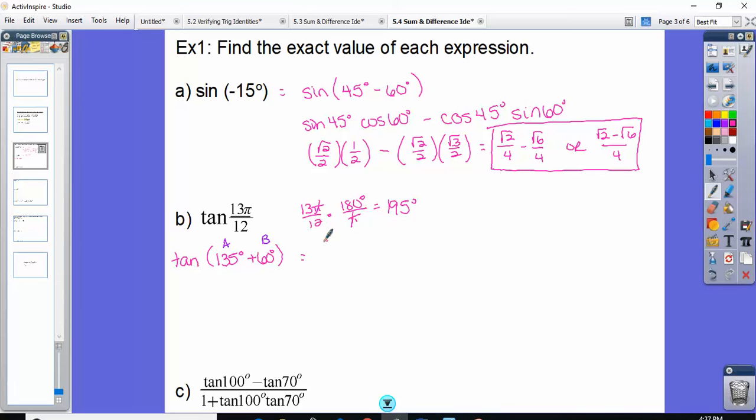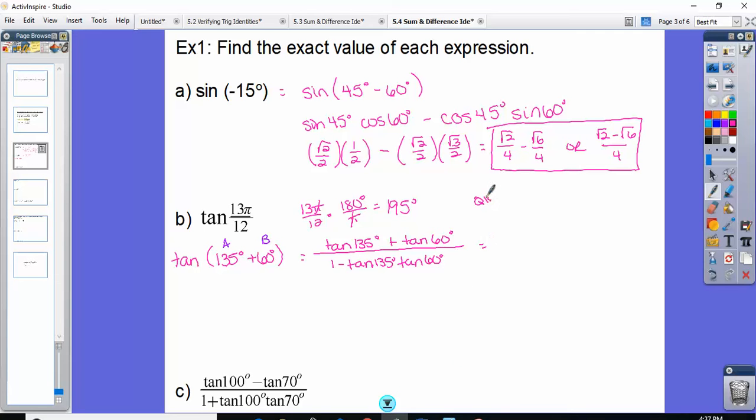So the formula says tangent A, tangent of 135, plus tangent B, so plus the tangent of 60, over 1 minus tangent A, tangent B.